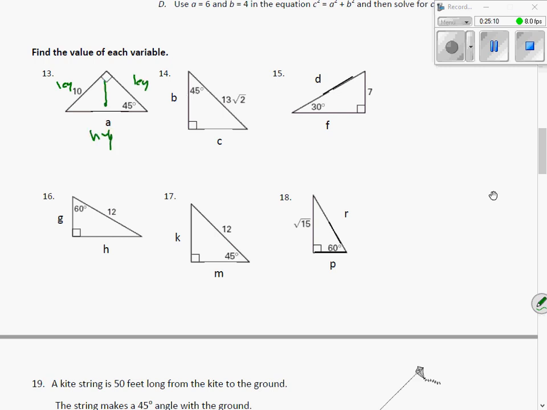Hypotenuse is opposite the right angle, and I'm looking for the hypotenuse, and I know a leg. So the hypotenuse will be the length of a leg times the square root of 2. So 10 square root of 2. Done. Leave it like that. Just fine.